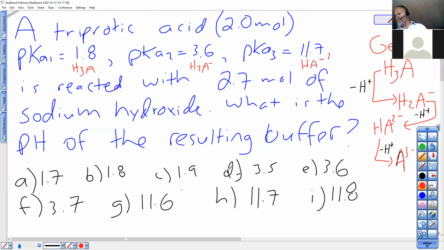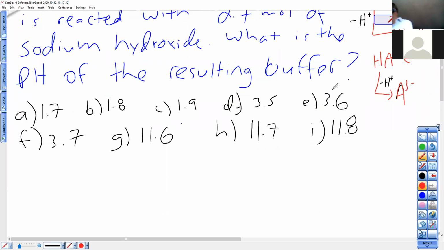Now, in this question, a triprotic acid, which one's the triprotic? This one, or this one? Well, H3A is reacted with, let's see, H3A 2.0 moles is how I started, and we're using 2.7 moles of hydroxide.